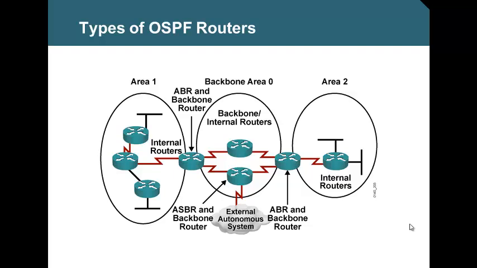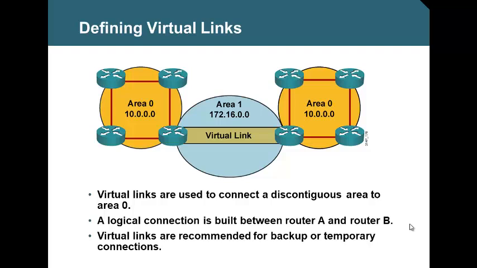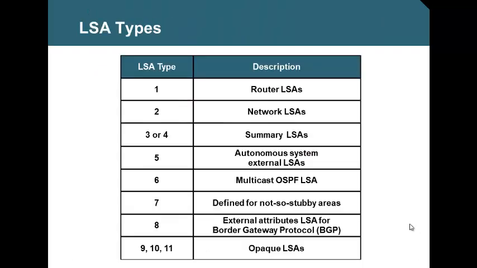That's why. So we understood the different types of routers. Let us try to understand the different LSA types. You see, there is one advertisement called the router LSA, which is always coming from every router.